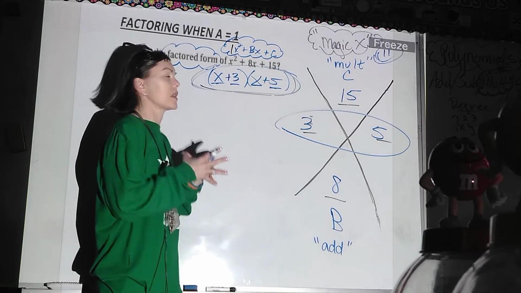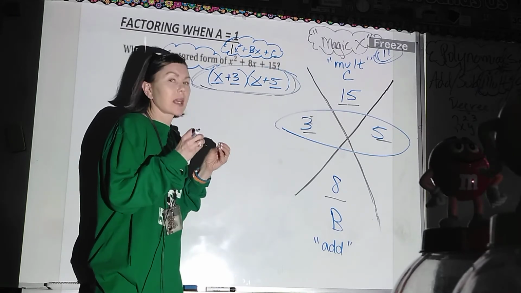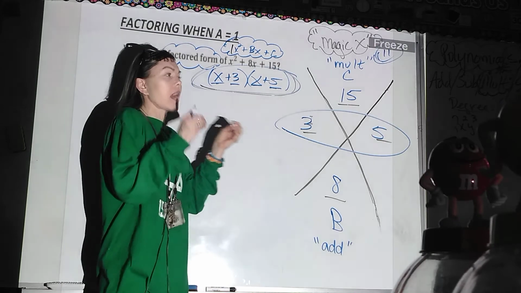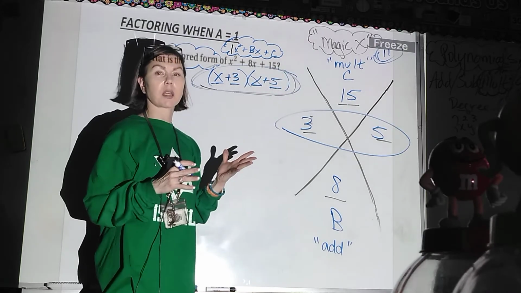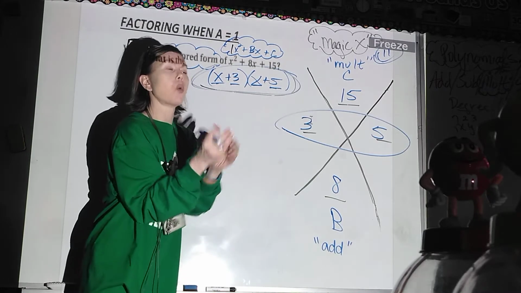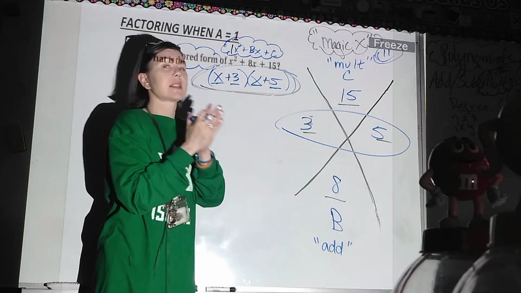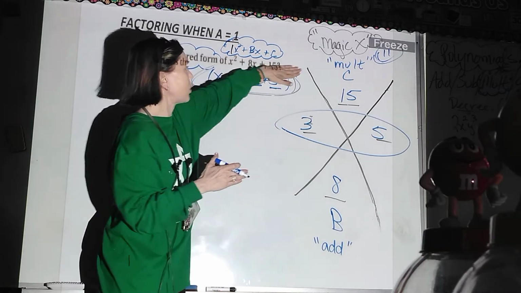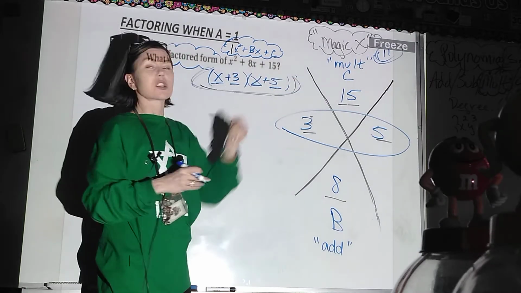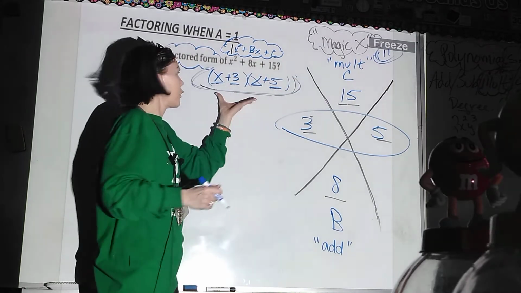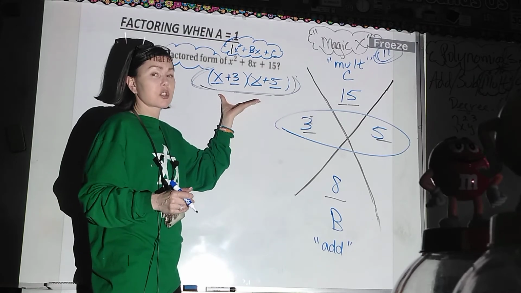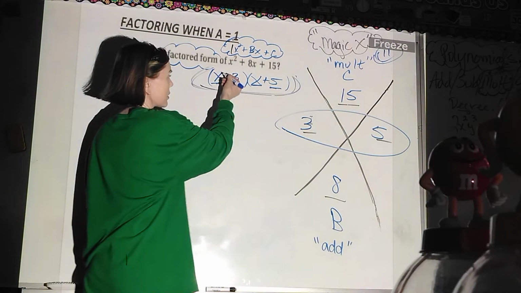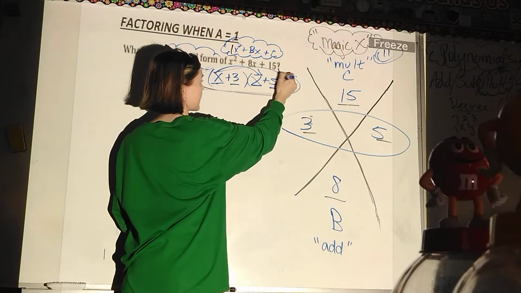Once again, factoring is the opposite of multiplication. When you factor something, your answer will show what was multiplied together to give you the original. If you're not sure you factored it properly, all you need to do is the distributive property, FOIL. Take this term and multiply it to here.